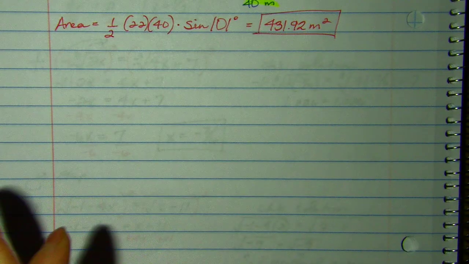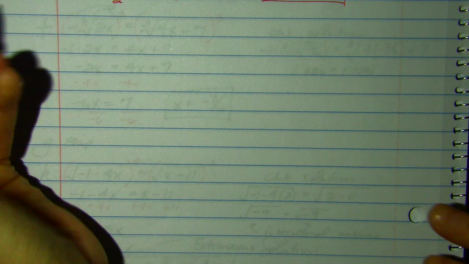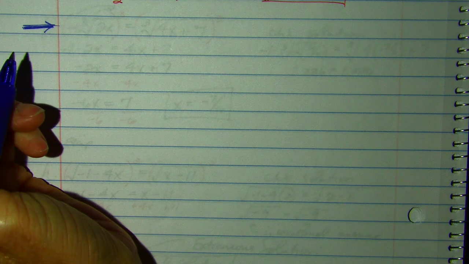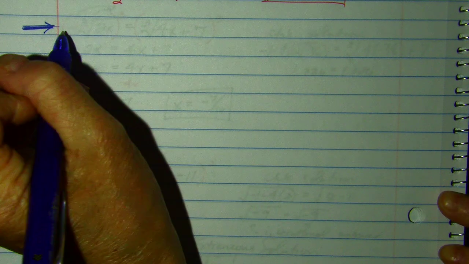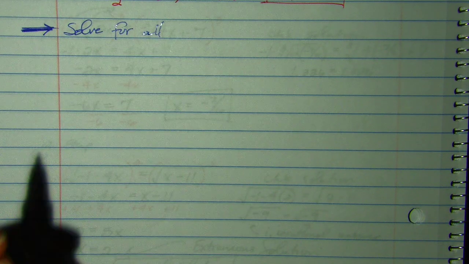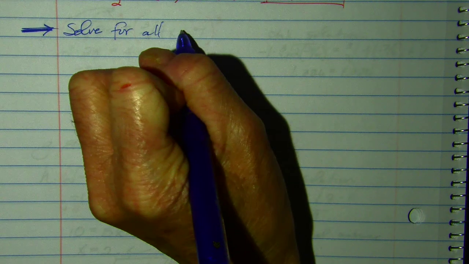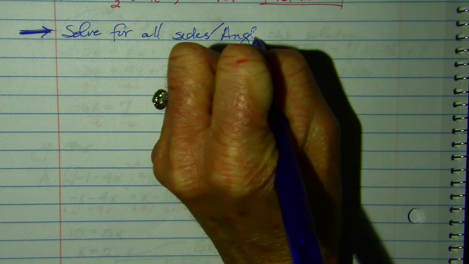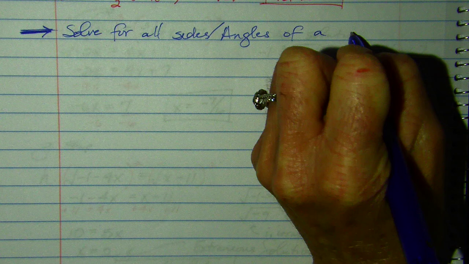Now we're going to jump into part 2 of our notes, and we're going to use the law of sines to solve for all sides and angles of a triangle.